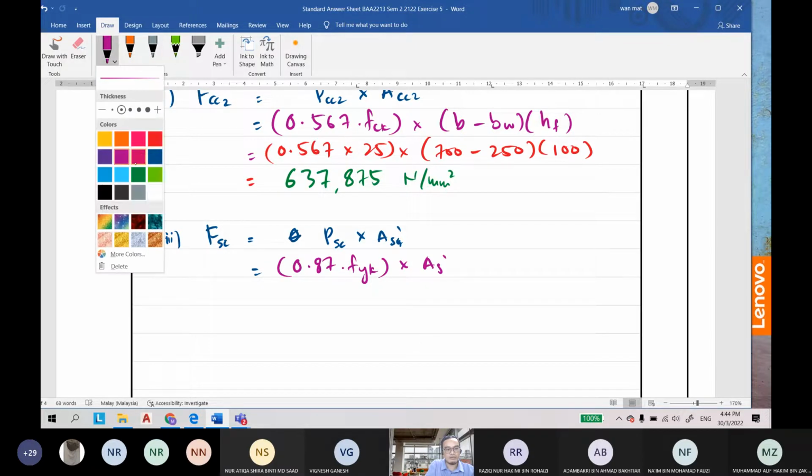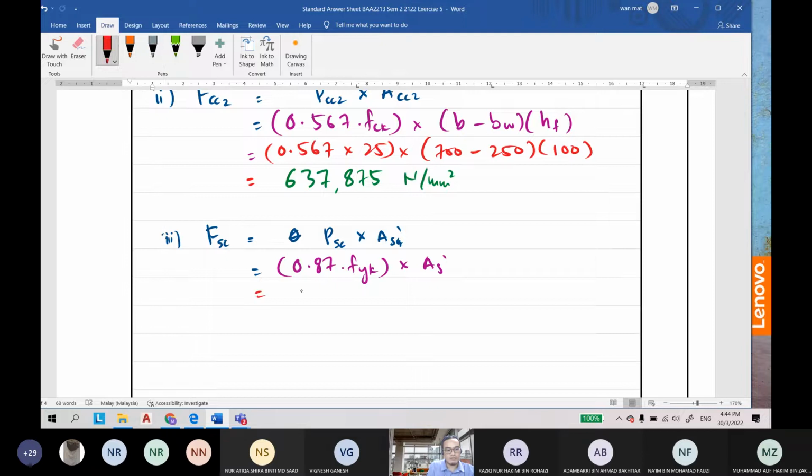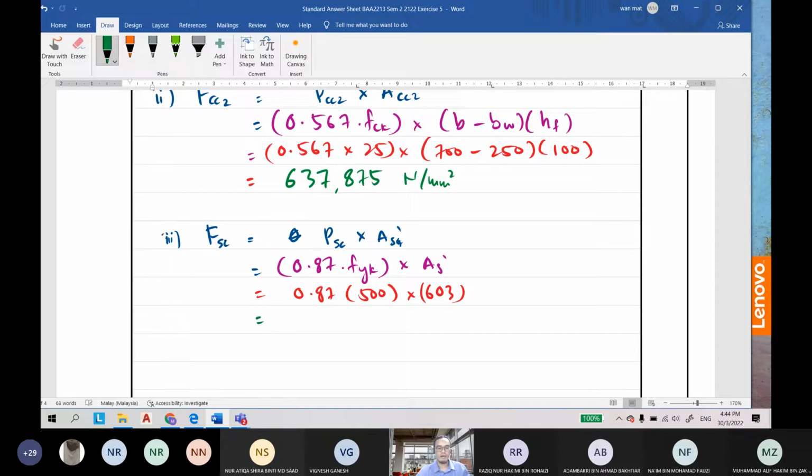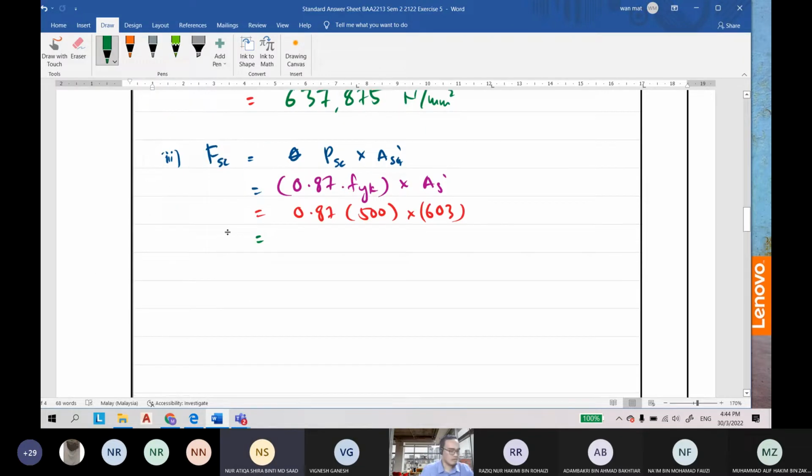So equal to 0.87 multiplied with 500 and multiplied by 0.603. What is the answer now? 262305. Okay, good. Newton per millimeter square.